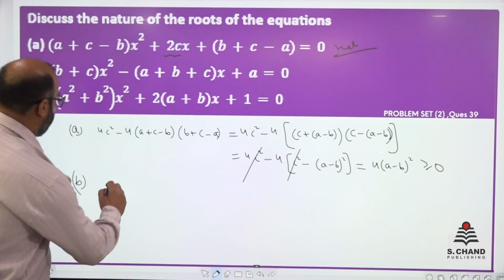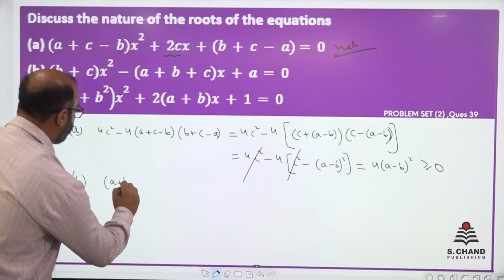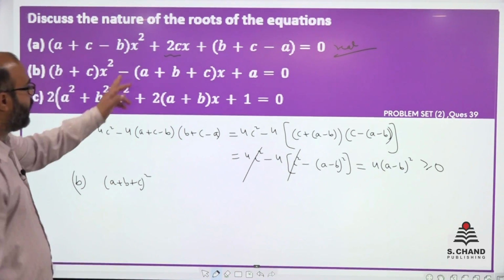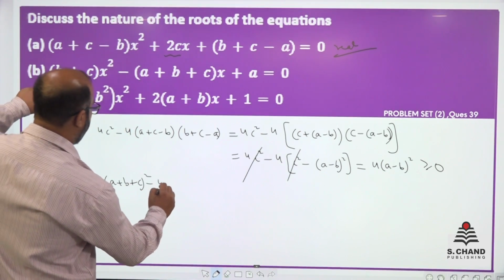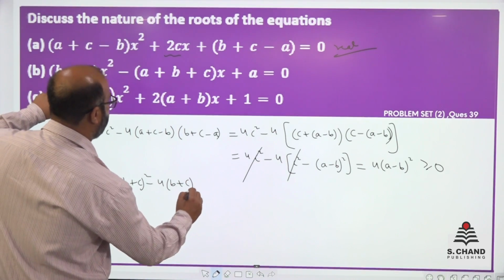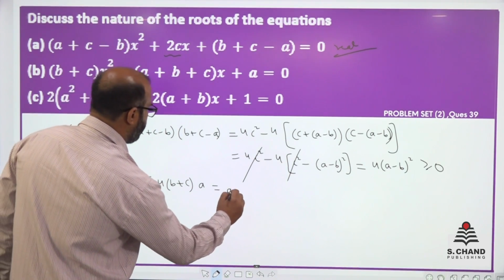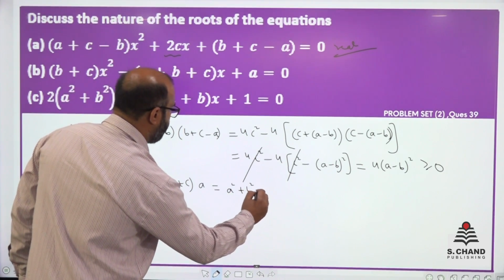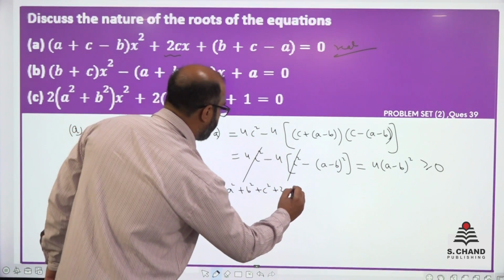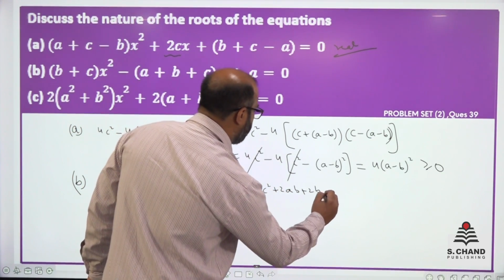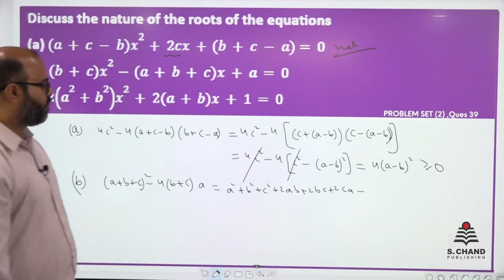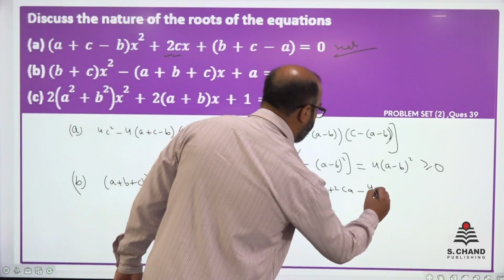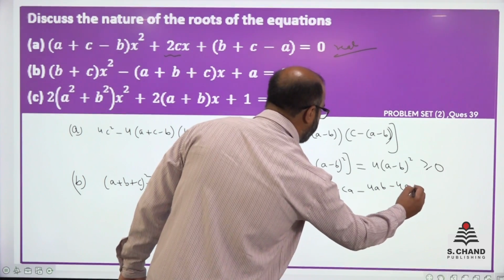For the second one, let us see the discriminant. B square is (a plus b plus c) whole square. We need not calculate minus because minus square is plus only. Minus 4ac, 4 (b plus c) into a. This is a square plus b square plus c square plus 2ab plus 2bc plus 2ca, and here minus 4ab minus 4ac.